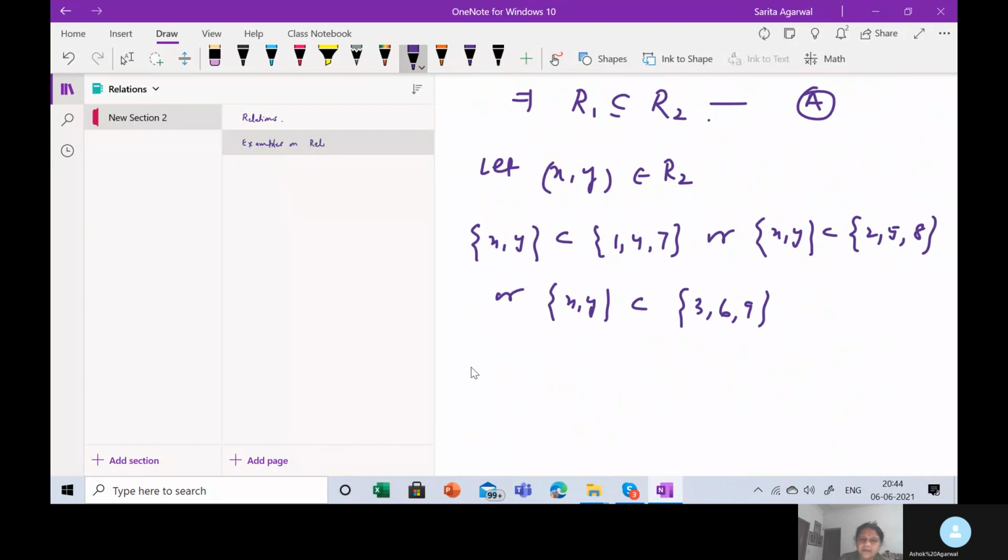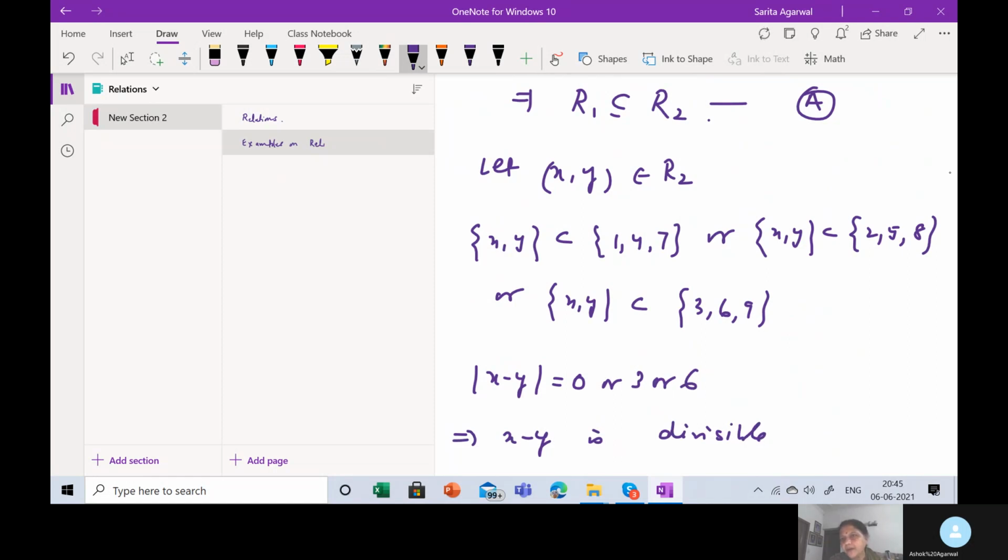So we can see that the difference x minus y is either 0, 3, or 6, whether they are chosen from 1, 4, 7, or 2, 5, 8, or 3, 6, 9. That means x minus y or y minus x is divisible by 3, right?